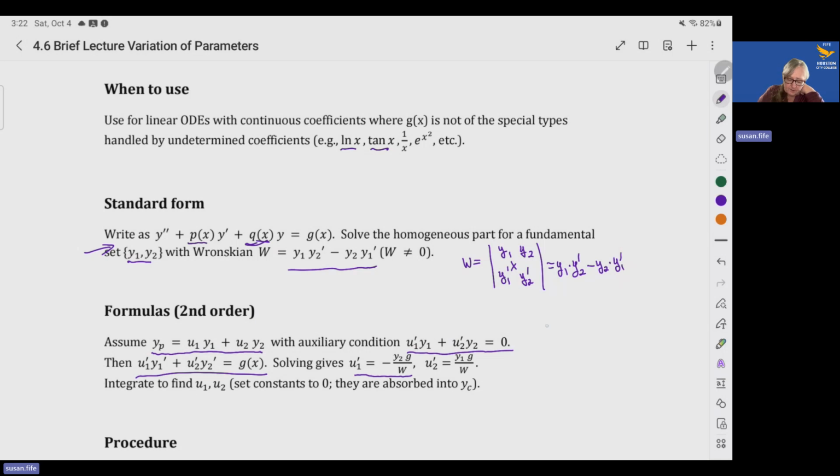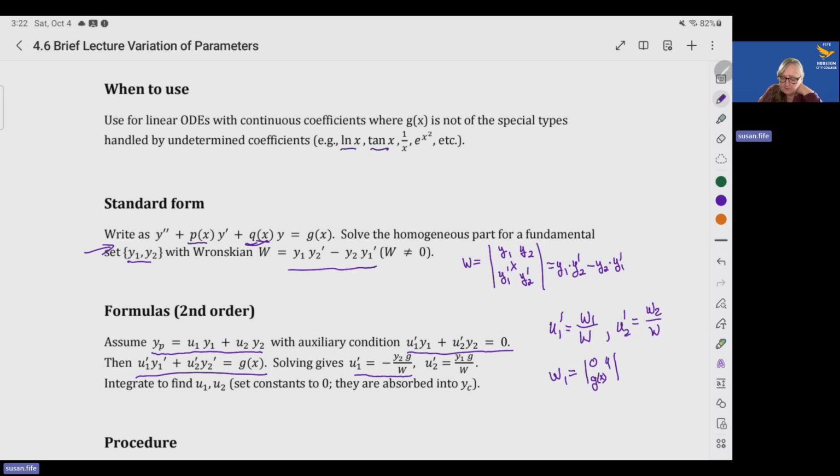I usually think of that as u1 prime is w1 over w, and u2 prime is w2 over w, where w1 replaces the first column, the y1 column, with 0 and g of x.